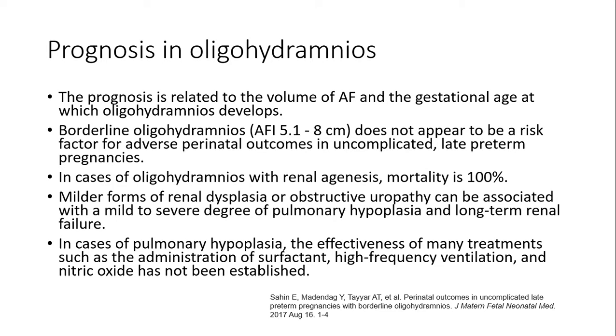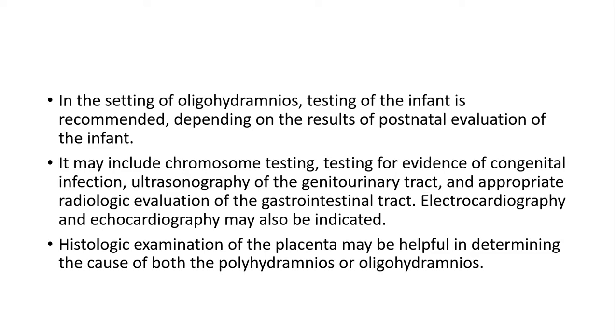In cases of pulmonary hypoplasia, the effectiveness of many treatments, such as administration of surfactant, high-frequency ventilation, CPAP, and nitric oxide, has not been established yet. In the setting of oligohydramnios, testing of the infant is recommended, depending on the result of postnatal evaluation of the infant.